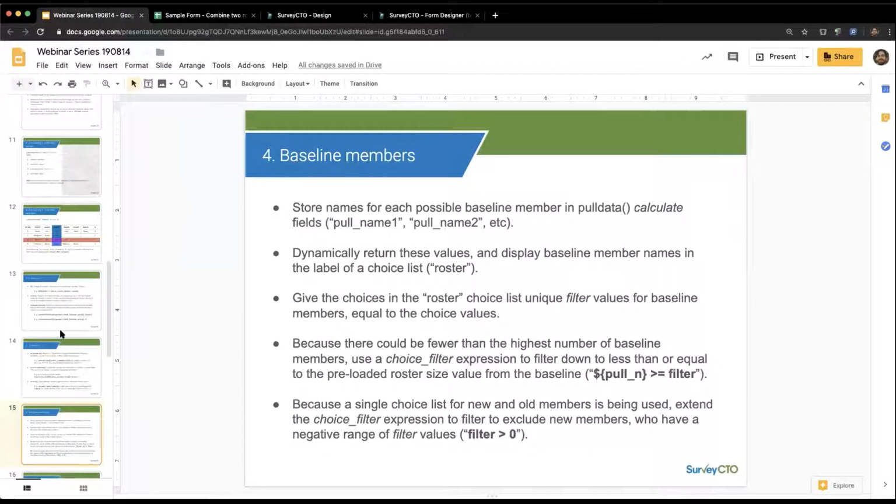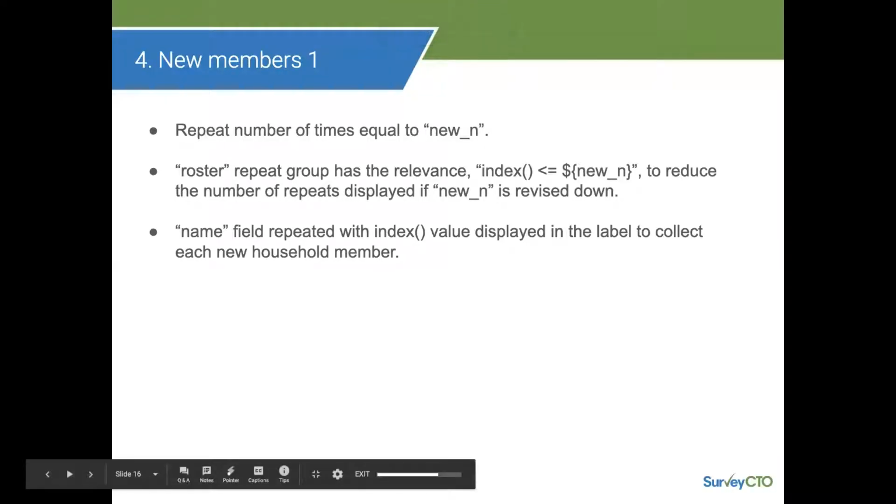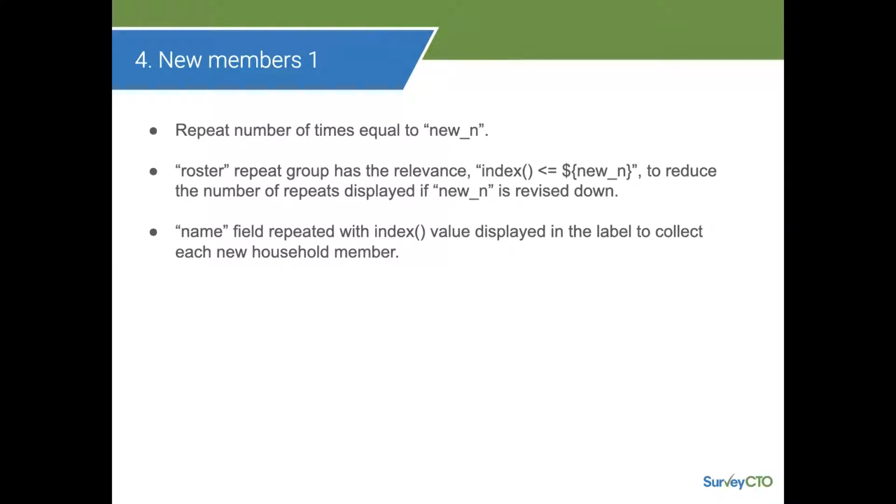We'll go back to our presentation just for now. So we've confirmed our baseline members. Now we need a repeat group to capture new potential members. The first repeat group in the design does this with a repeat count set to the number of times equal to the value stored in new n.